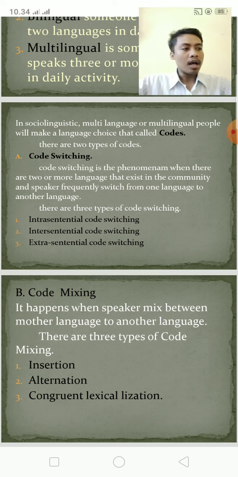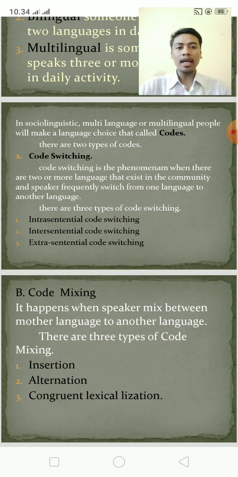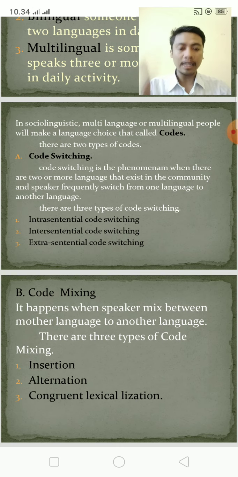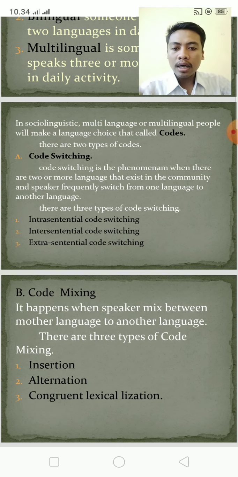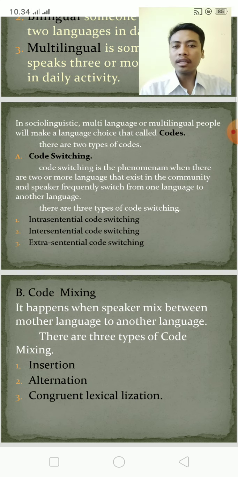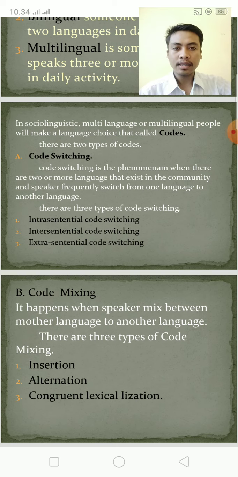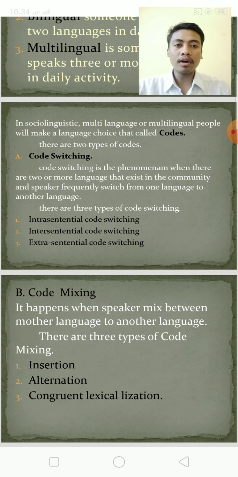Second is alternation. Alternation is a code of Indonesian and English between clauses in a sentence. For example: rencananya aku akan mengambil studi bahasa Inggris and focus on language art or sociolinguistics or speaking skill.